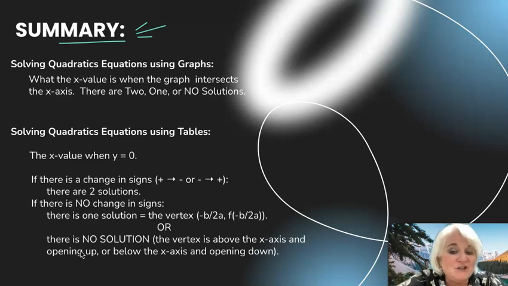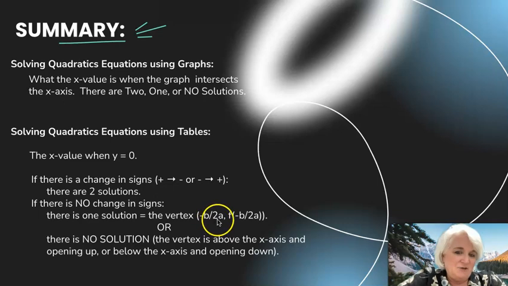If there is a change in signs, there are 2 solutions. If you're going from a positive to a negative or a negative to a positive, there are 2 solutions. If there is no change in signs, there is either one solution or no solution. When you have one solution, it is the vertex of the parabola.